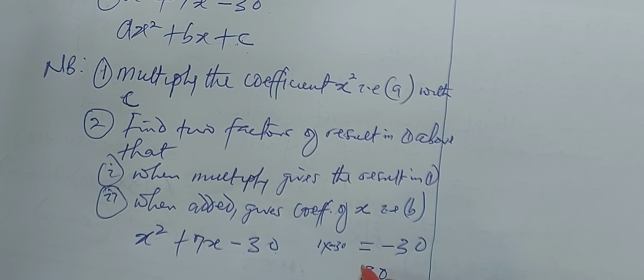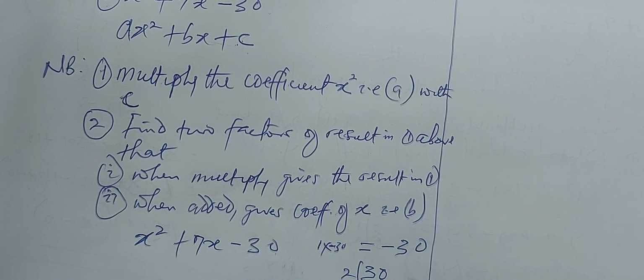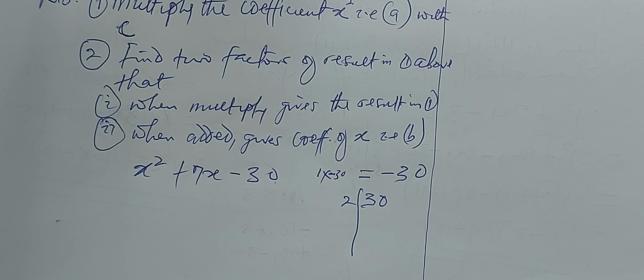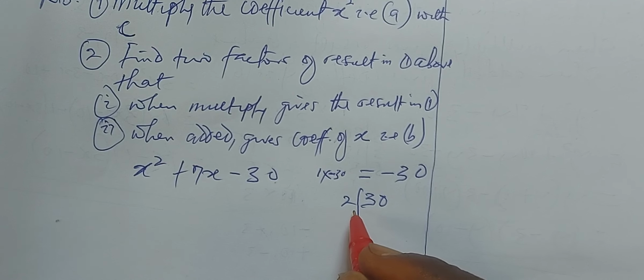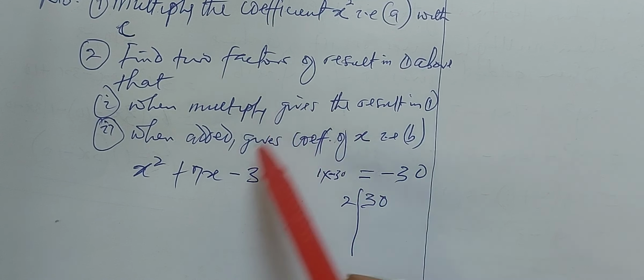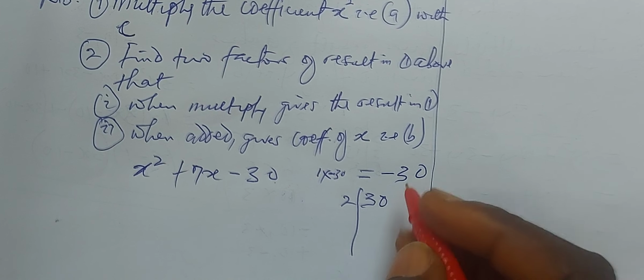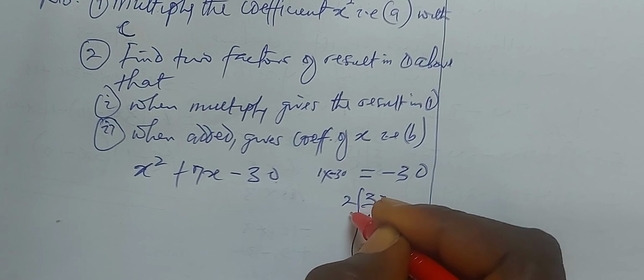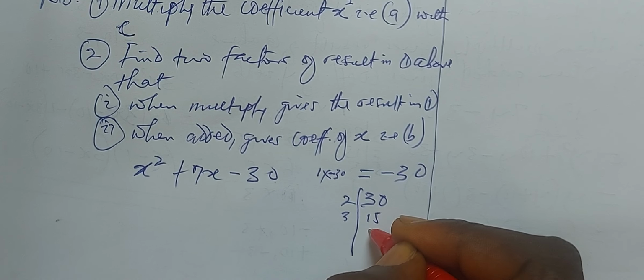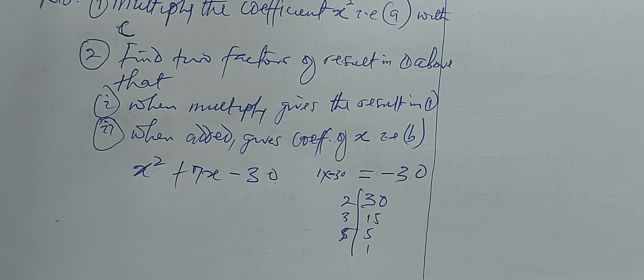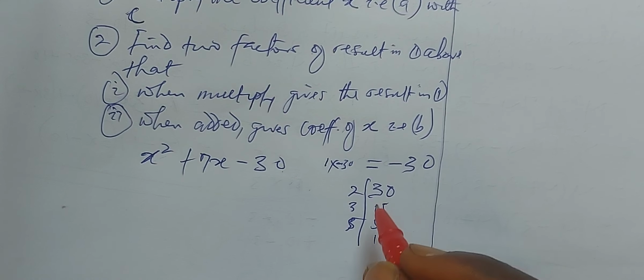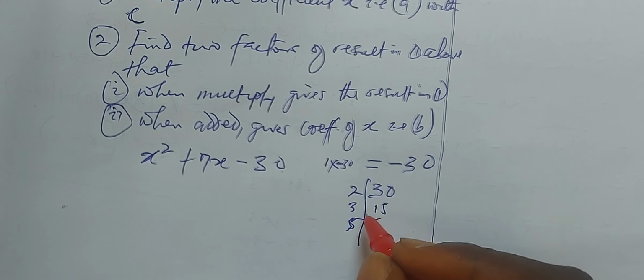What are the factors of 30 that when you multiply, you still have minus 30, and when you add, you will have plus 7? We have 15 and 2, 5 and 6. Now we begin to pair the factors.